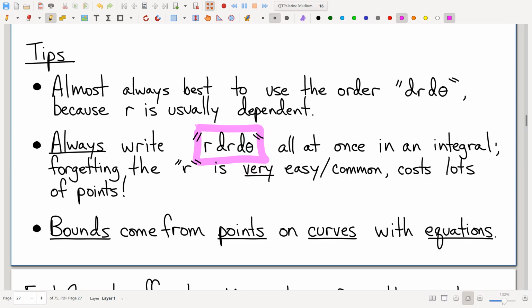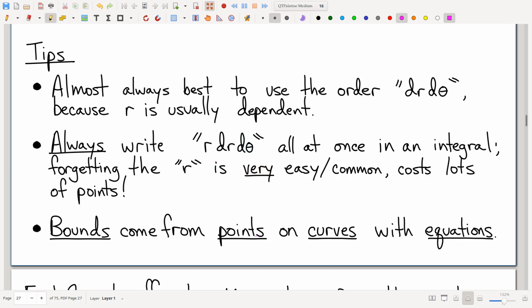You will never need dr d theta without that r in there also. So just always write it down all at once. And if you hold yourself to that rule, it'll be a lot harder for you to accidentally make the tragic error of forgetting something critical. Does that make sense? Okay. It's just a suggestion. You don't have to, but that's the reality.